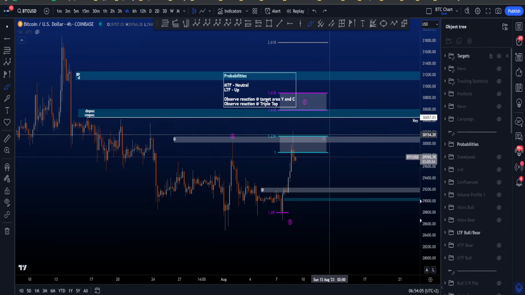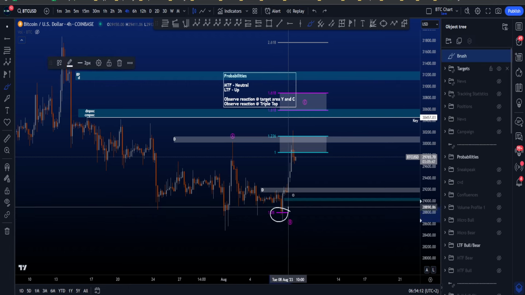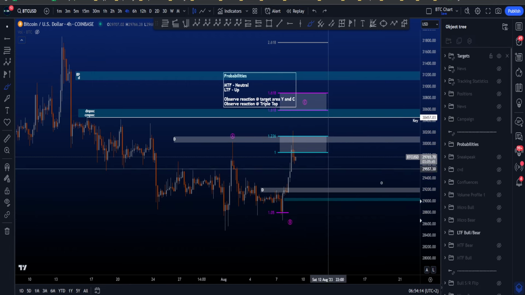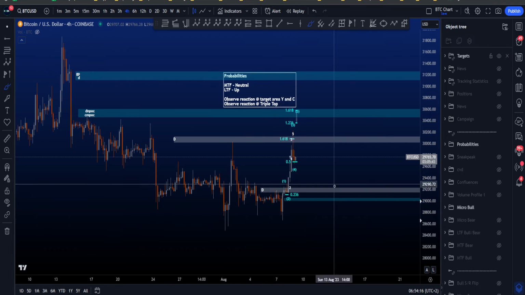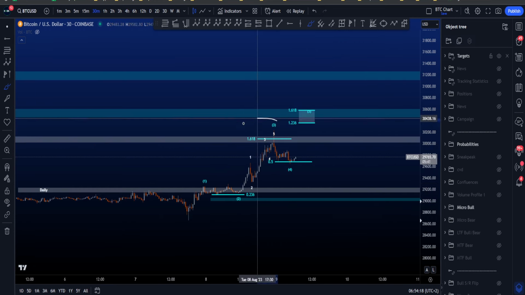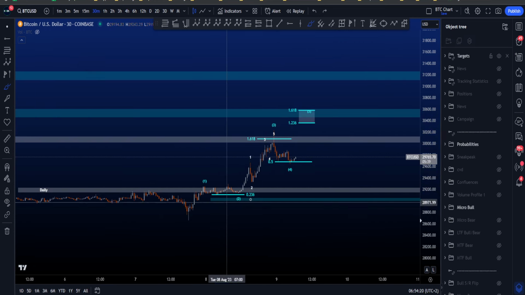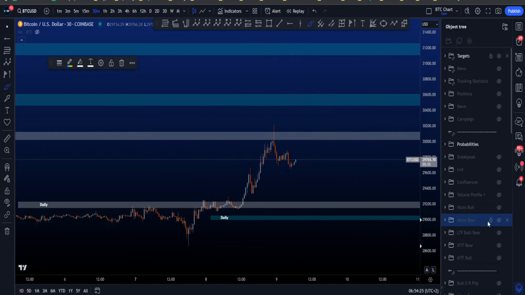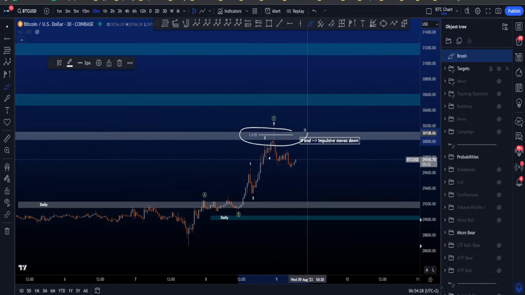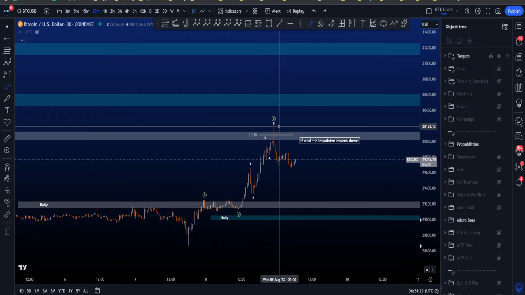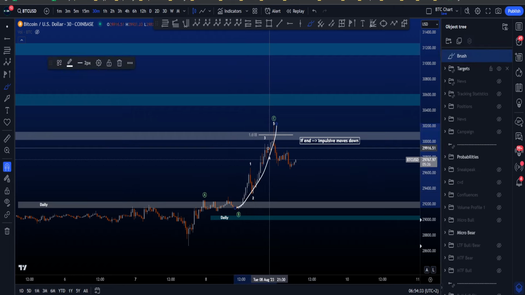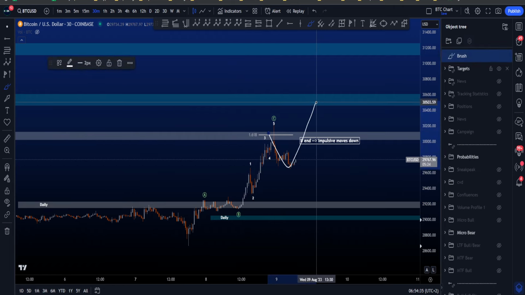On the low time frame, I'm looking for more upside, preferably again to that triple top area and wave C area, as this on the micro looks more impulsive, because on the micro the bullish scenario looks better, mainly because this structure over here went to the 1.618, which is a common target for a wave 3, but the 1.618 is a rare target for a wave C, and therefore the probabilities are higher for this being a wave 3 to the upside with then a 4 and 5 compared to a wave C.